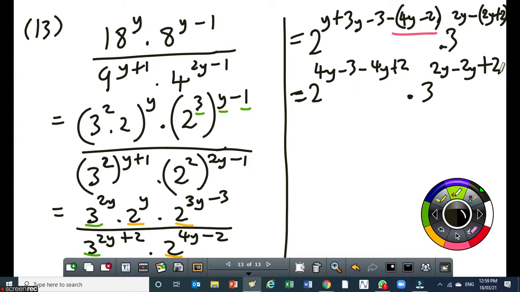If you look at the base of 3, wouldn't the exponent be 2y minus 2y minus 2? Because it was plus 2 to begin with, and when you multiplied with the negative 1, it should be negative 2.